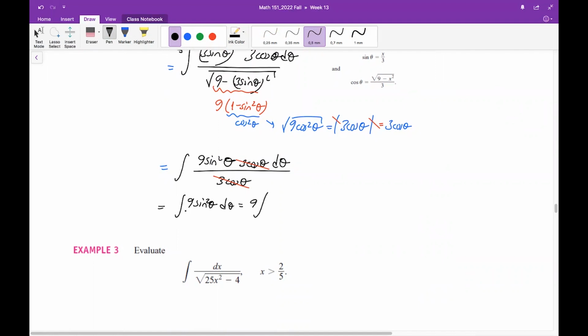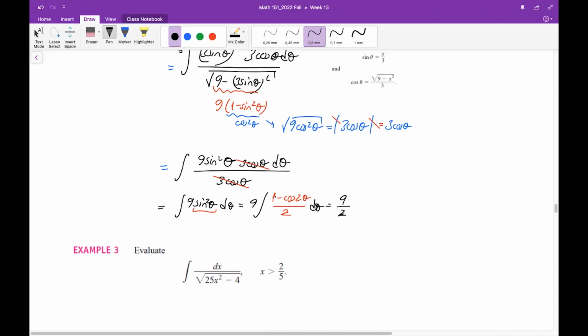9 goes out, and how do you integrate sine squared theta? We covered this in the previous lecture videos. You will insert the half angle formula. Because the power is even, you need to insert this half angle formula for sine squared, and then you can integrate it. It is done. 9/2, I take this 2 out from the integral.